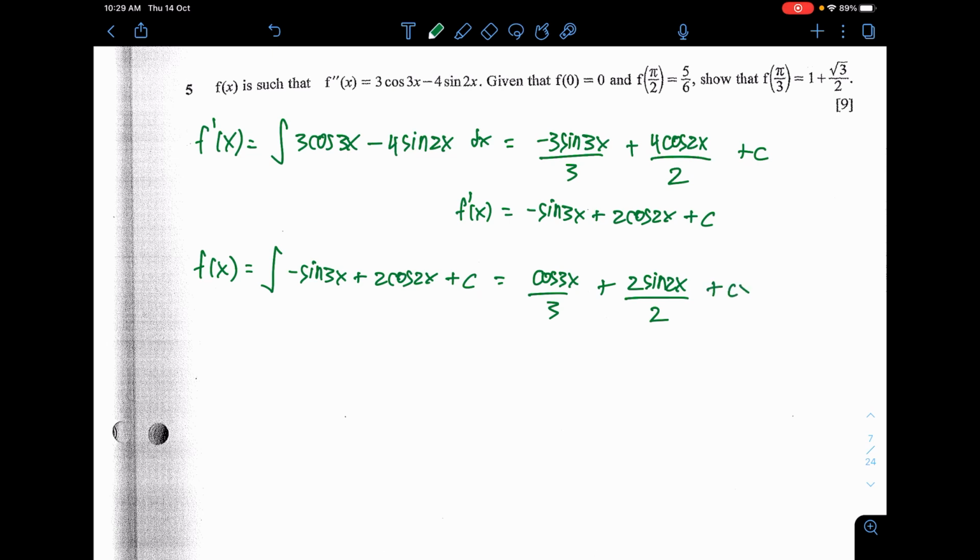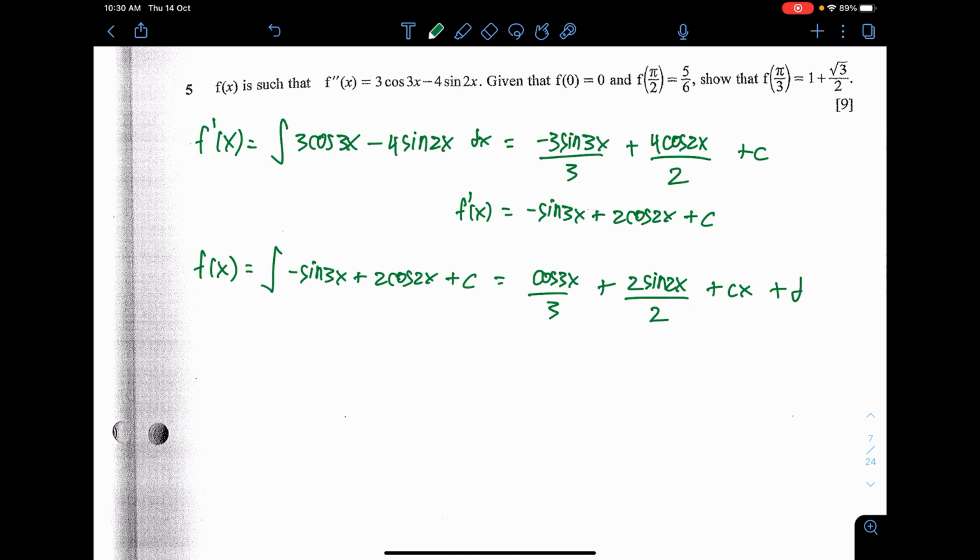Plus cx plus d. Okay, you have to integrate everything, and you know that constant number c is just a constant number. If you integrate, you're gonna get cx. And above all, you need to always put an extra constant number every time you finish your integration. So I need to put another alphabet d, another constant number.